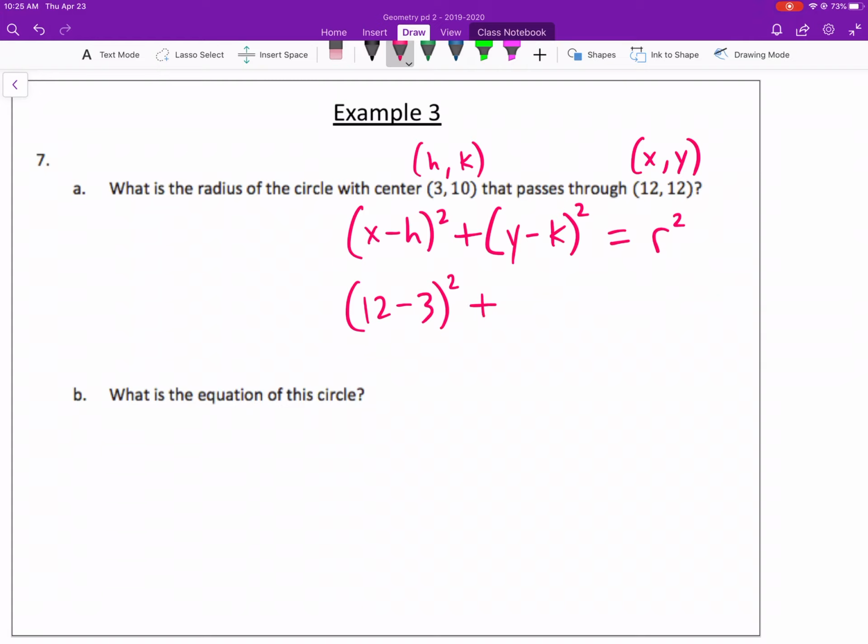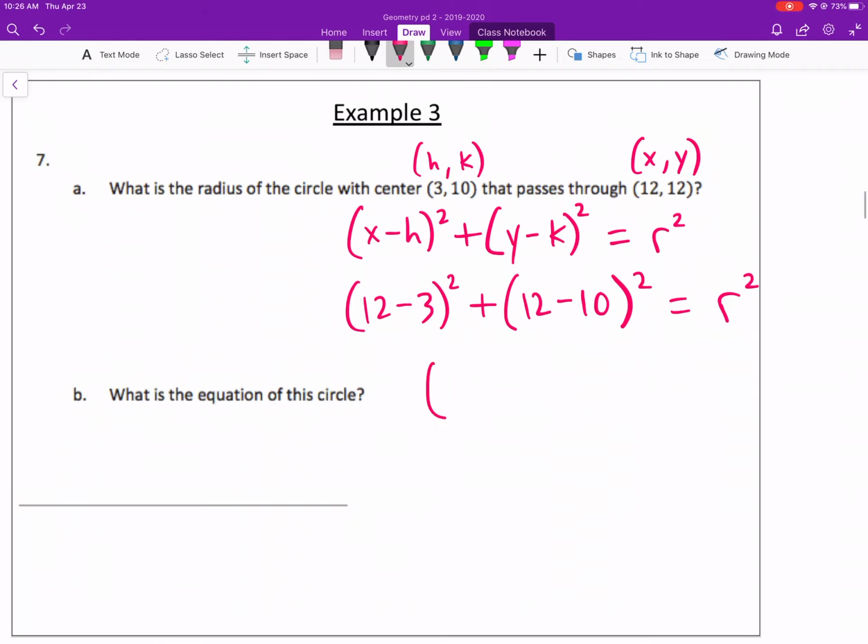The y value is also 12, so 12 minus k, which is minus 10 squared, is equal to the radius squared. That's what they want us to find. So once again, we substituted not only h, k this time, we had to also substitute an x, y point because they gave us a point that it passes through.